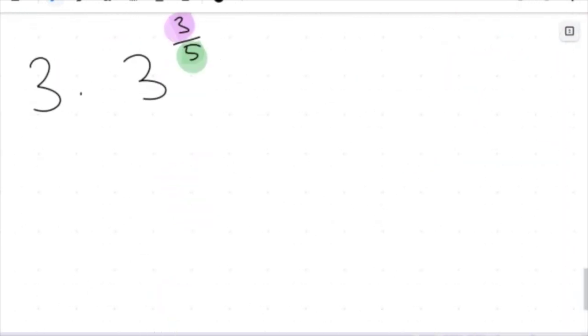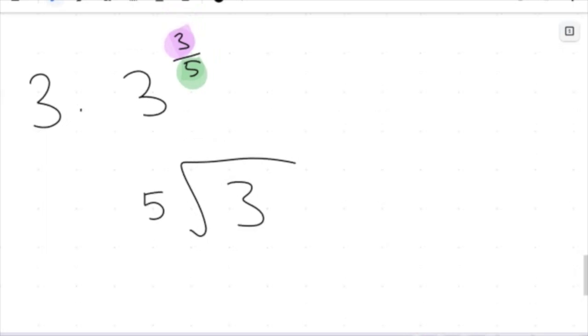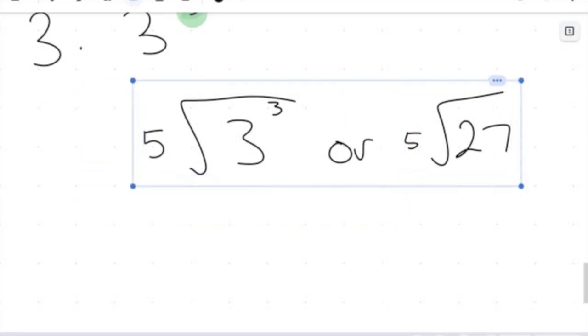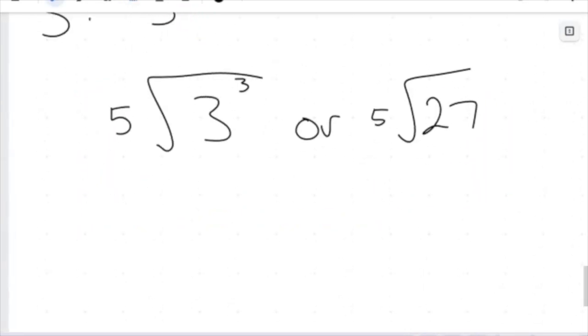So now my denominator is 5, so I'm taking the 5th root of 3, and my numerator tells me the power I have here. I'm taking the 5th root of 3 to the power of 3, or I can write this as the 5th root of 27 here. Cool. Let's do one more question.